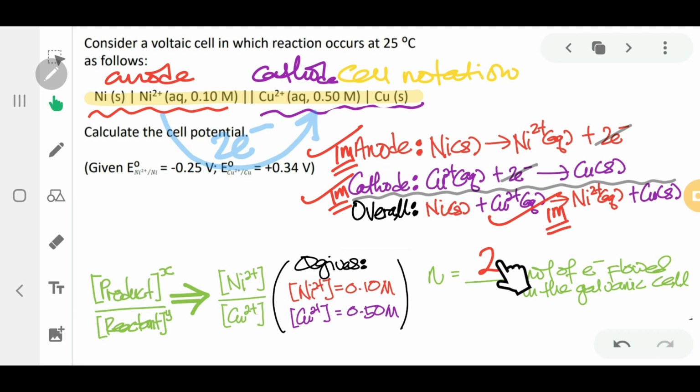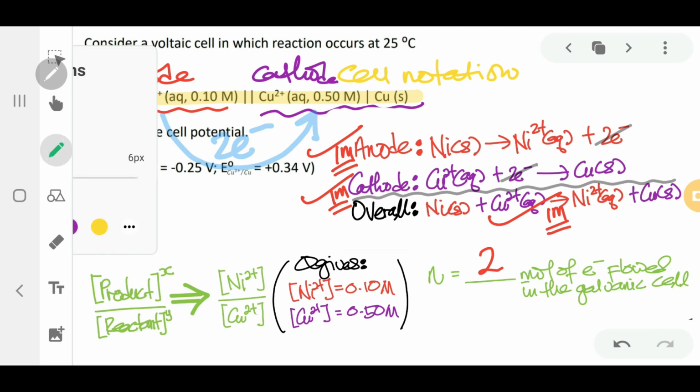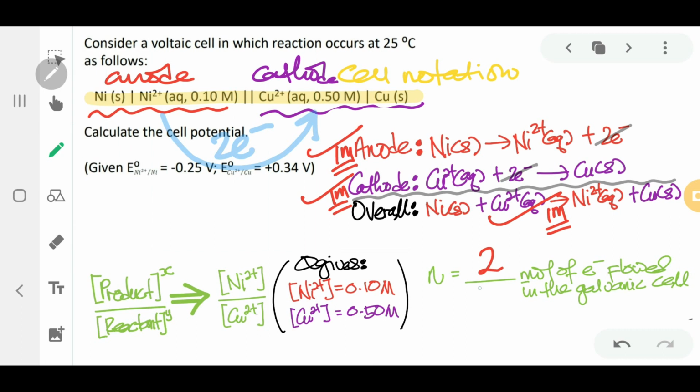We want to know how many electrons are flowing in the galvanic cell. So you have 2 moles of electrons right there. So now you have found out 2 moles of electrons. You get 2 marks over there.